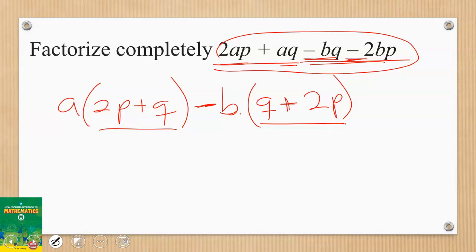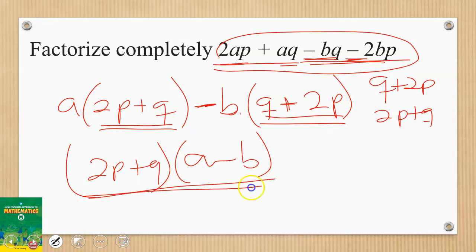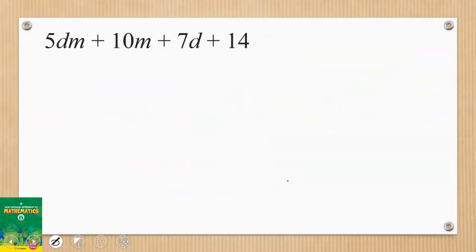So again, since this and this are the same, we can factor one out. Remember, q plus 2p is the same as 2p plus q. They are the same because addition is commutative. So if I bring 2p plus q out, I have a minus b, and that becomes the factorization of the expression given.